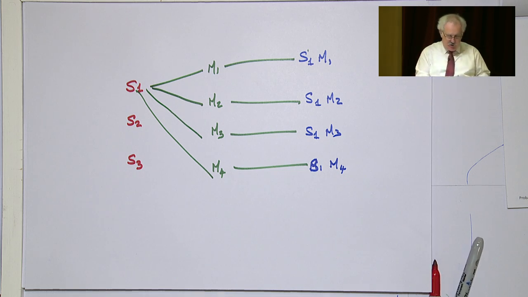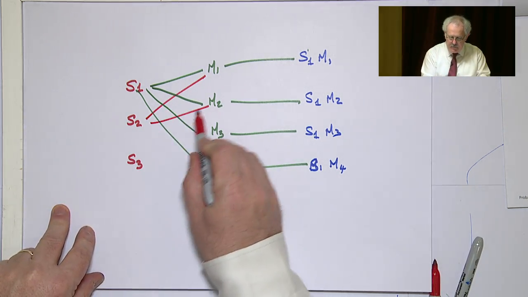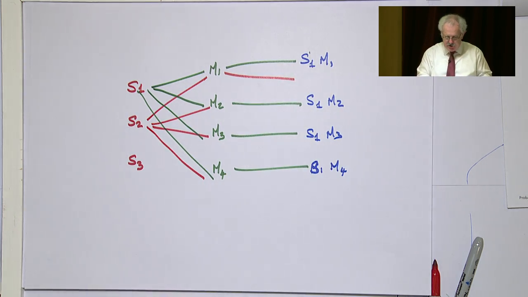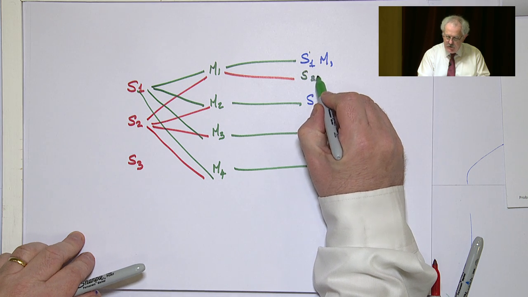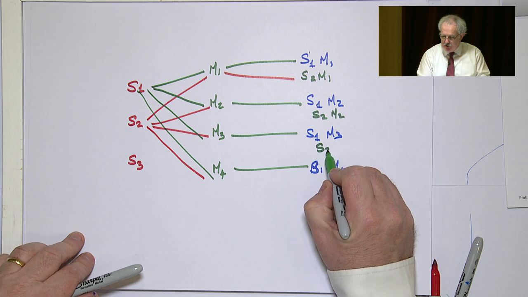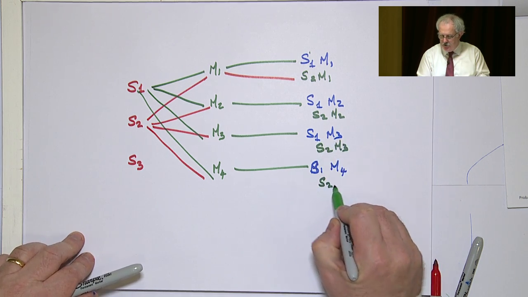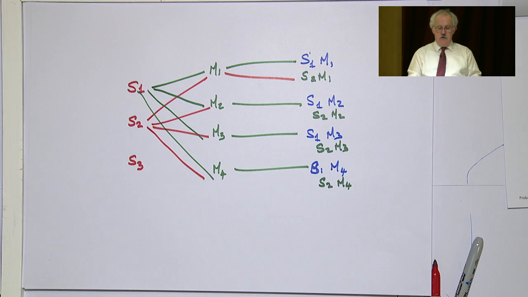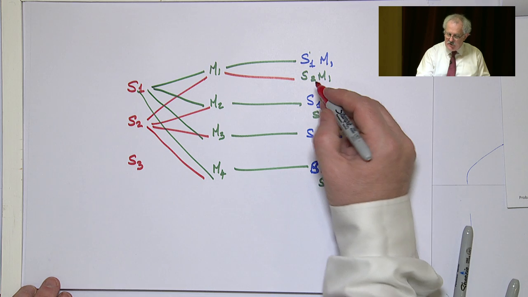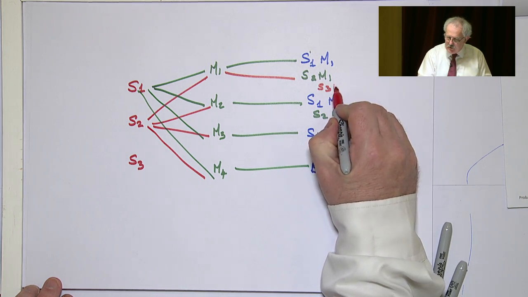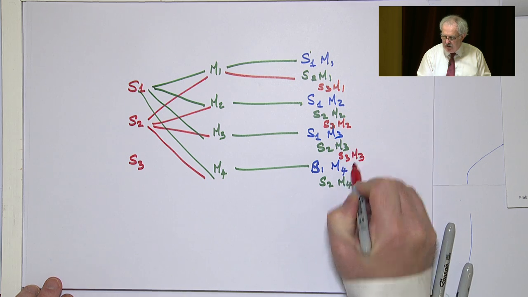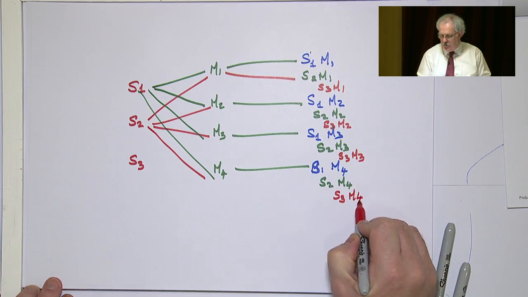But starter 2 came in there as well. So this path here was starter 2, main course 1, starter 2, main course 2, starter 2, main course 3, and starter 2, main course 4. Are there any other possibilities? Yeah. So we have also starter 3, main course 1, starter 3, main course 2, starter 3, main course 3, and starter 3, main course 4.